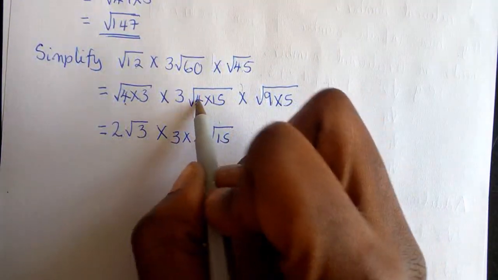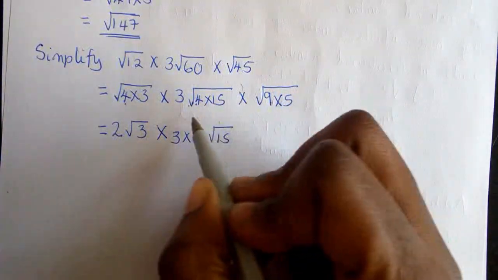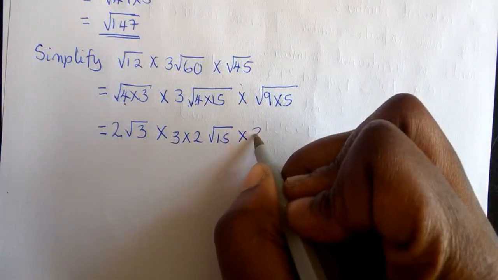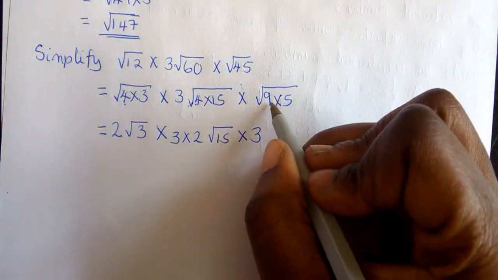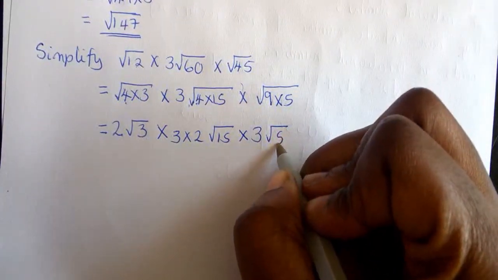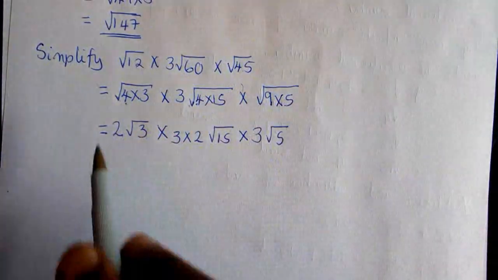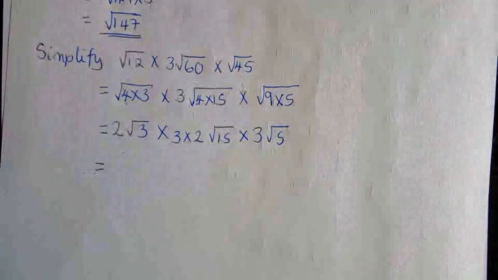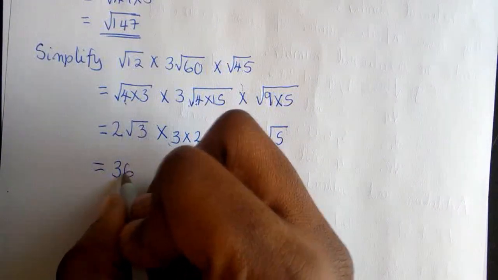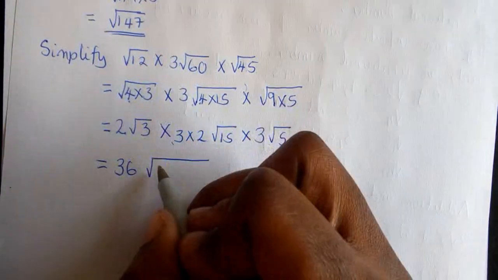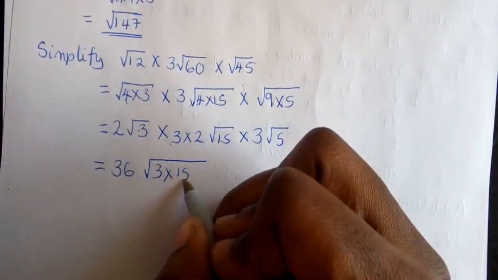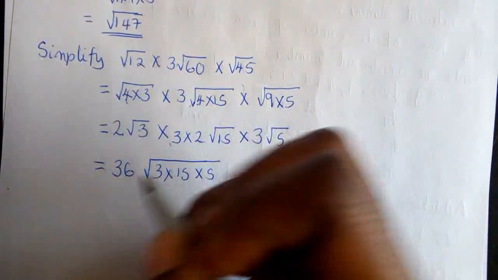Here we've just put 4 outside and written the square of 4 times, here is 3, 9 is the square of 3 root 5 like this. This is equal to 2 times 3 times 2 times 3 is equal to 36, so it becomes 36 square root of 3 times 15 times 5 like this.